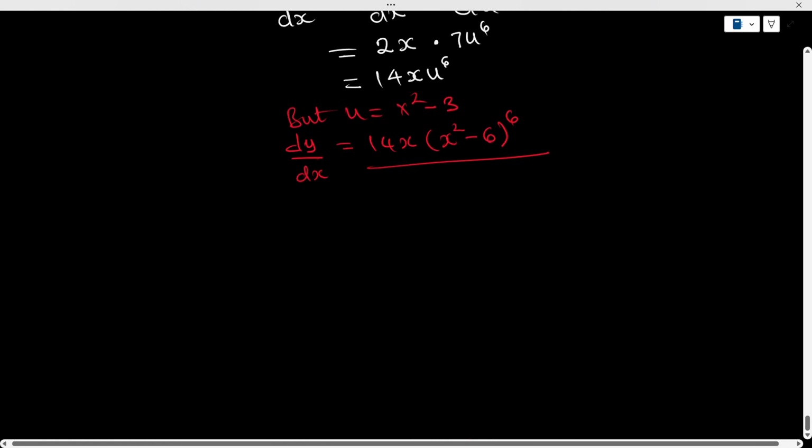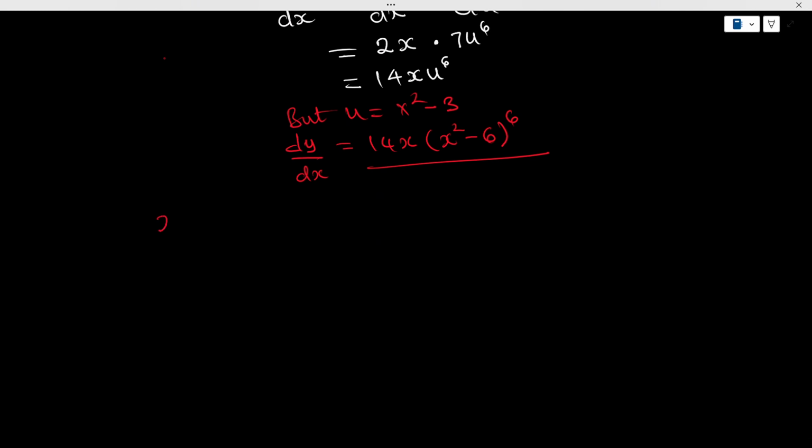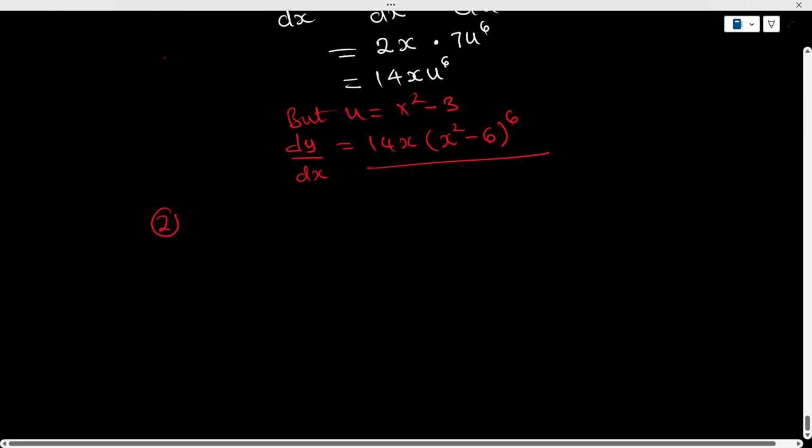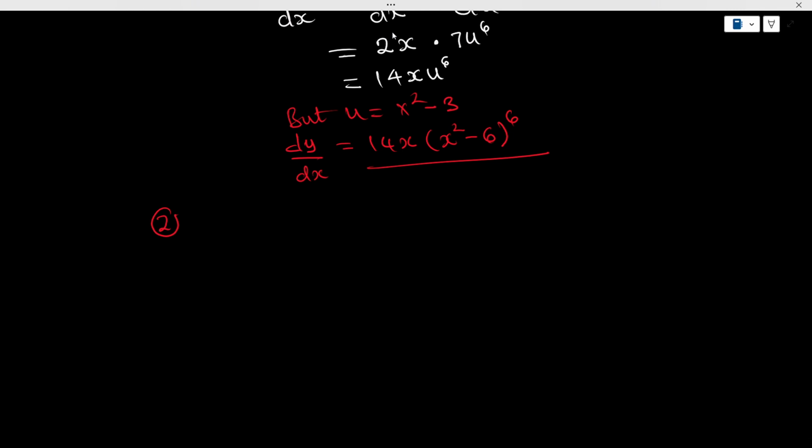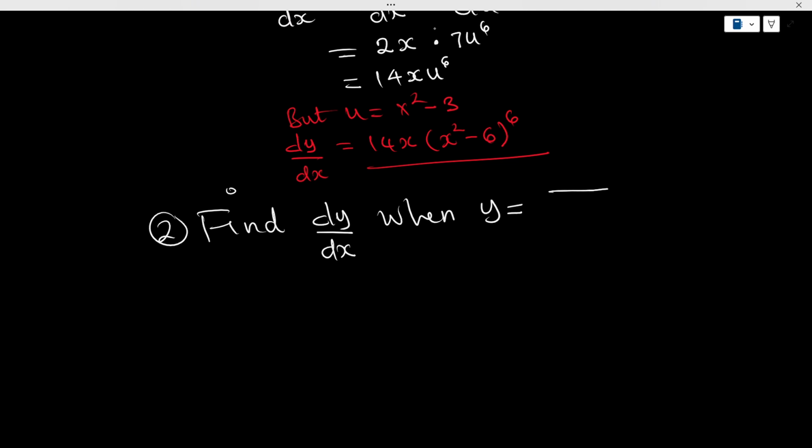Okay, let's take a look at another example. Find dy over dx when y equals the square root of 4 minus 3x.